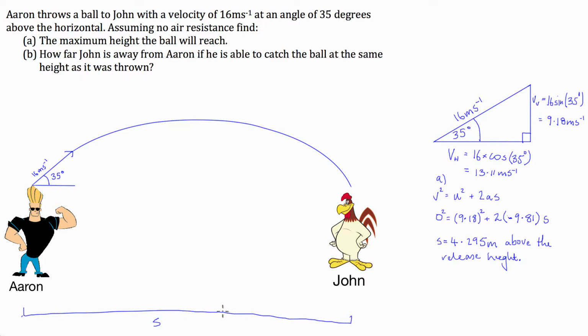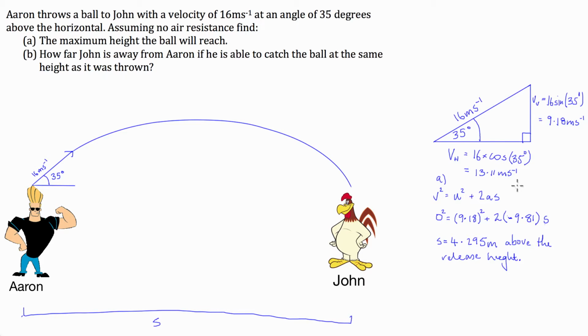Okay, so to start with though, what we're going to need to do is find the time that the ball is in the air for. The reason we have to find the time is because although the vertical component of the velocity changes because of the opposite acceleration due to gravity, the horizontal velocity is constant throughout the whole length of the ball's journey.